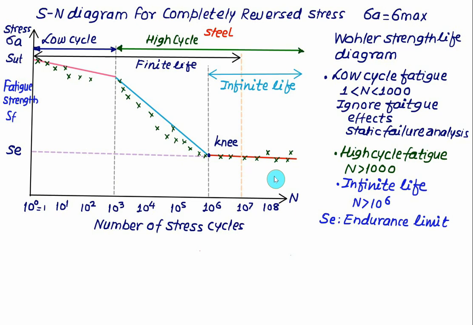Afterward we have the fatigue failure region. So for any number of cycles between 1 and 1000, the analysis is based on static failure, and above 10 to the power 3, the analysis is based on fatigue failure.